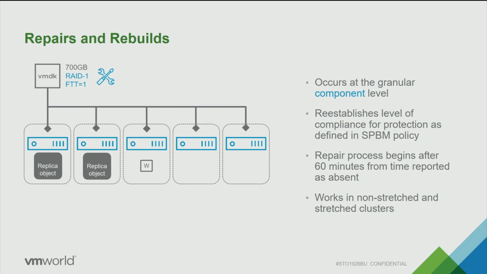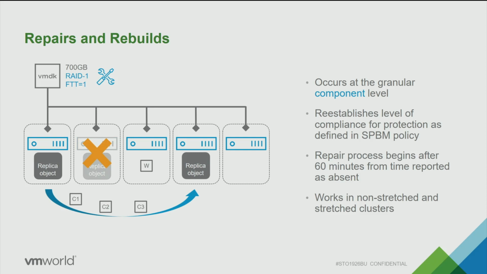So the first enhancement here is this overall idea of repairs and rebuilds. Here we look at the repair and rebuild at a component layer. Again, an object is comprised of several components that make up that copy of the object, or replica. Sometimes you might see those terms interchanged, but they essentially mean the same thing.